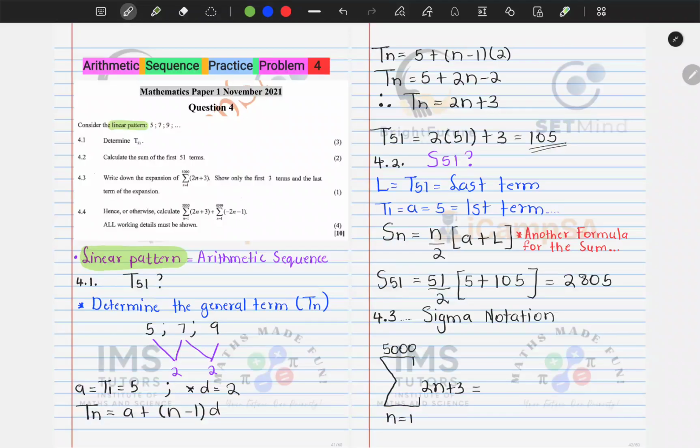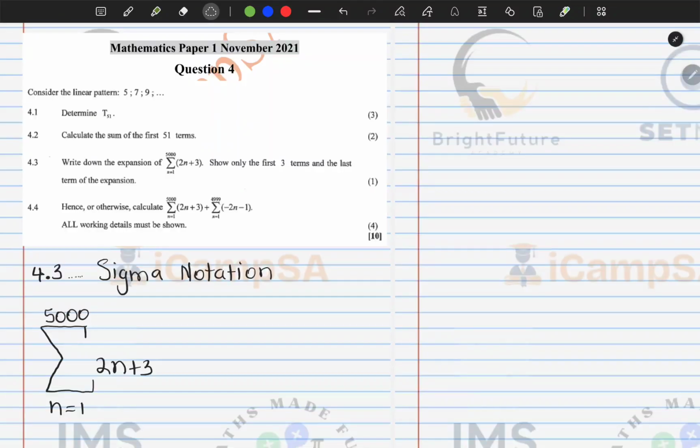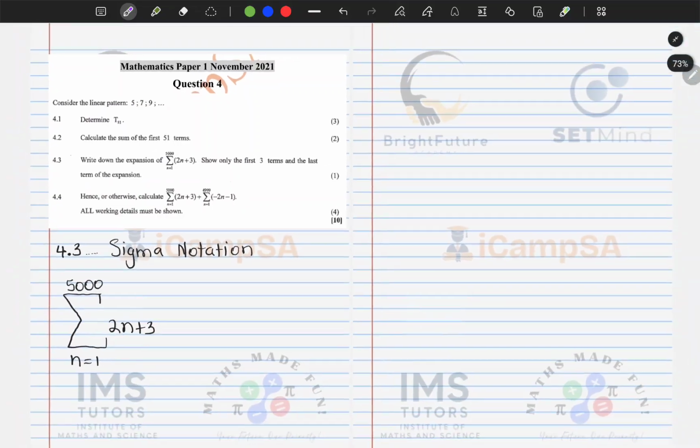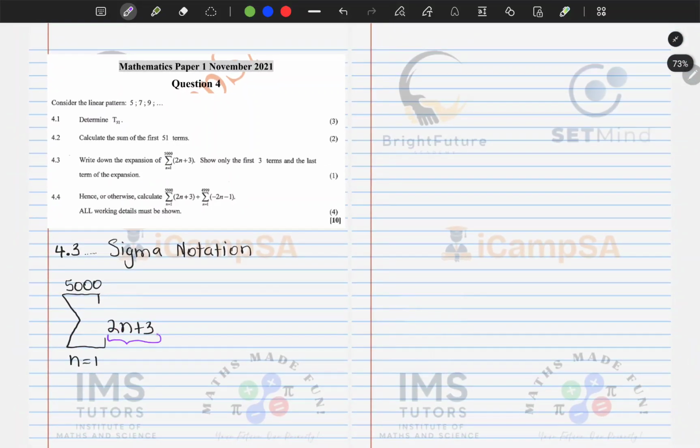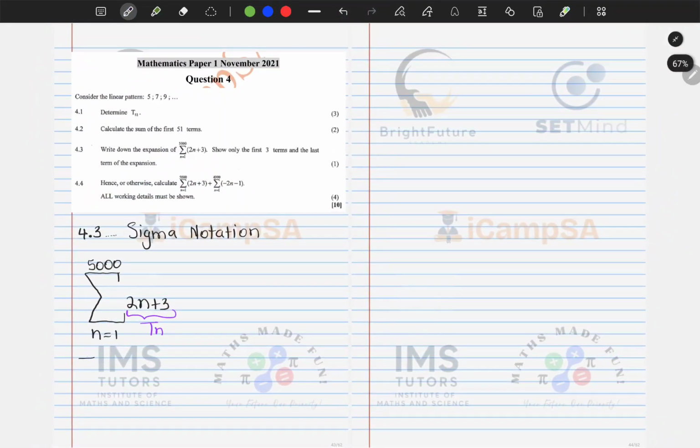So the first term is going to be 2 times 1. But let me go to the next page, and then we quickly figure this out. Remember, we need T1, T2, and T3, and this here is our Tn. So I'm going to use the Tn to determine T1.